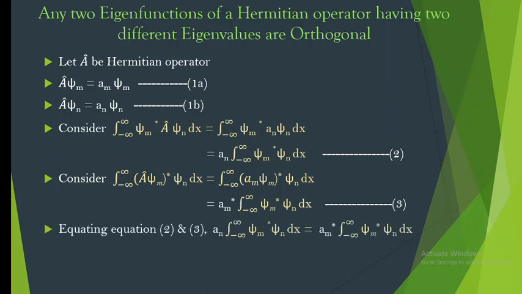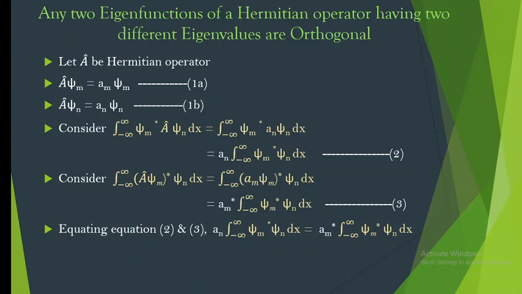Now we have already seen the definition of Hermitian operator, which is the integration from minus infinity to plus infinity of ξm star A cap ξn dx equals the integration from minus infinity to plus infinity of (A cap ξm) whole star into ξn dx.